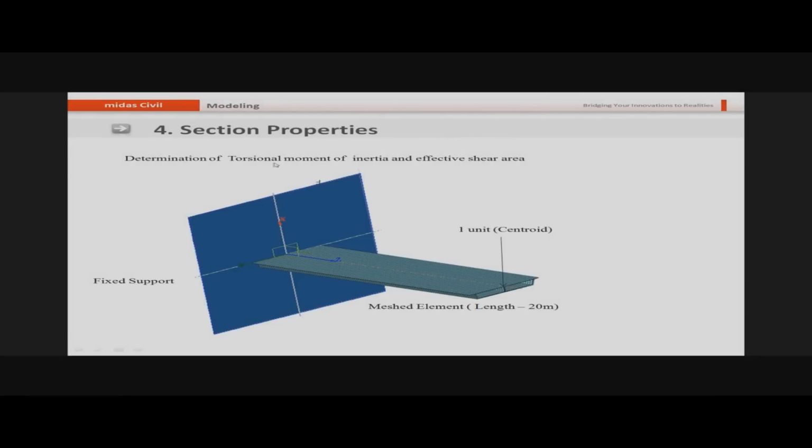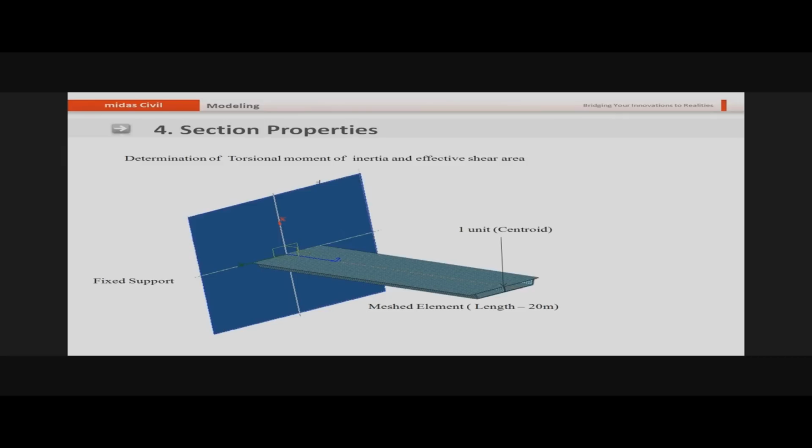For the determination of torsional moment of inertia and the effective shear area, Midas Civil first generates a meshed element of length 20 meters and it applies a load on the tip of the cantilever beam, and based on the torsional rotation, it determines the torsional moment of inertia, and the effective shear area is also calculated based on these.